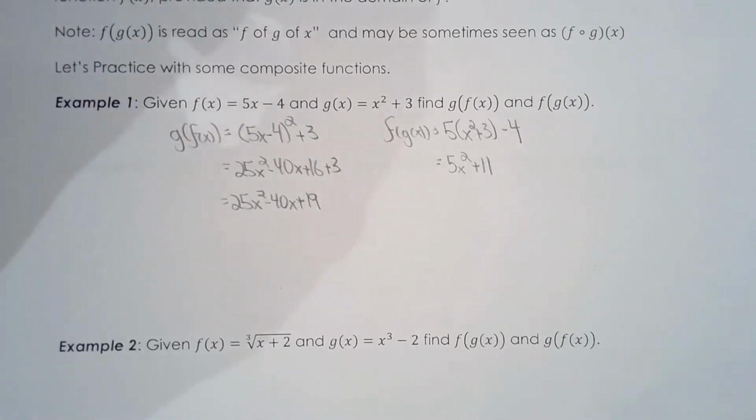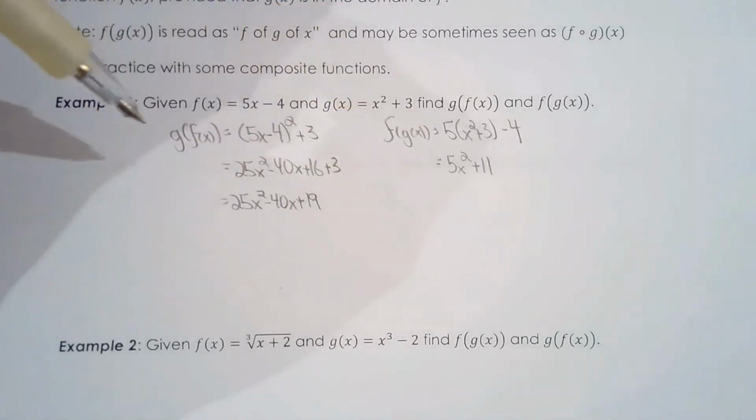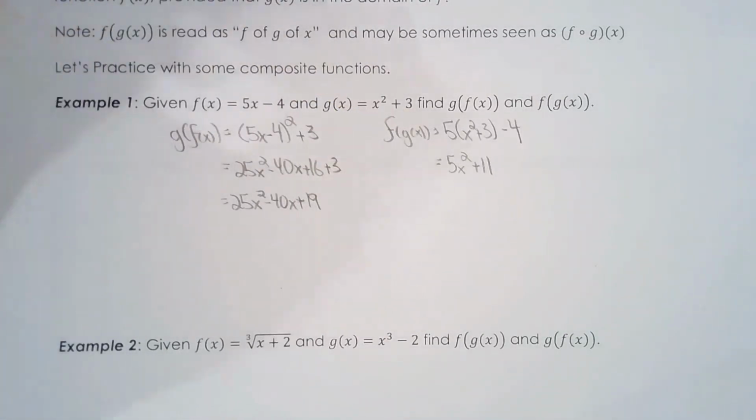The second reason was because I want you to understand that f of g and g of f are entirely different. They may be the same, but more likely than not, they will not be. Please do not say f of g and g of f look similar enough and are the same. They're very different. The order matters. Nesting f into g and g into f is very different in most cases.